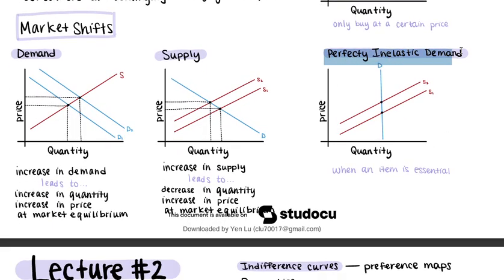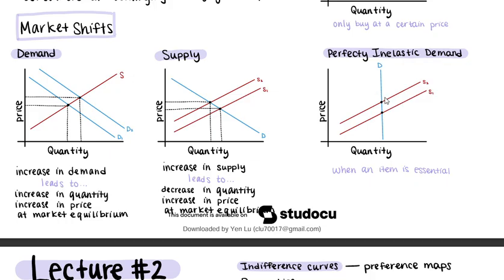Okay, and on the other hand is perfectly inelastic demand, where consumers care nothing about the price, even if the price is very high. In this market, consumers can't easily find a good substitution, like insulin, for example.